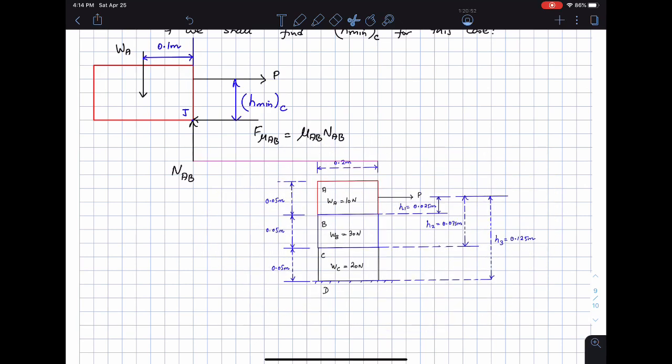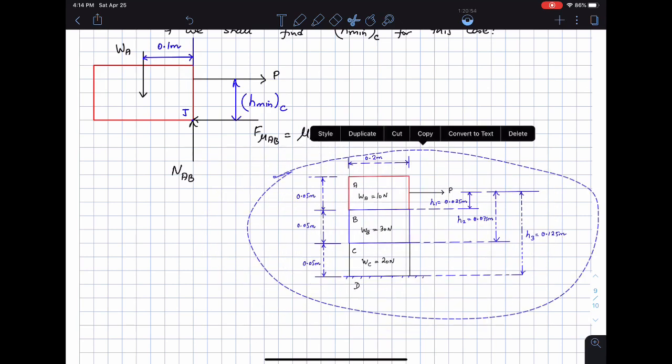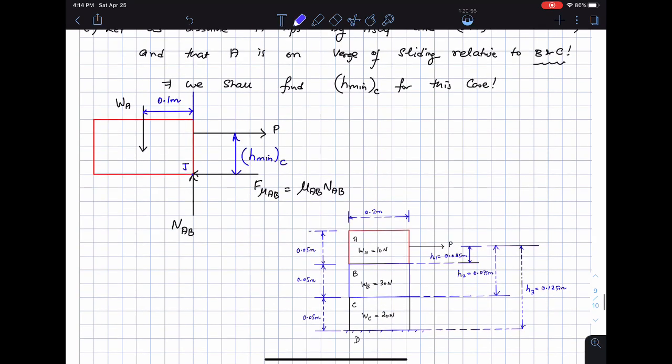Okay, and our aim here is to compare H minimum C with H1, 0.025 meters, and H1 is this height that you can see here.